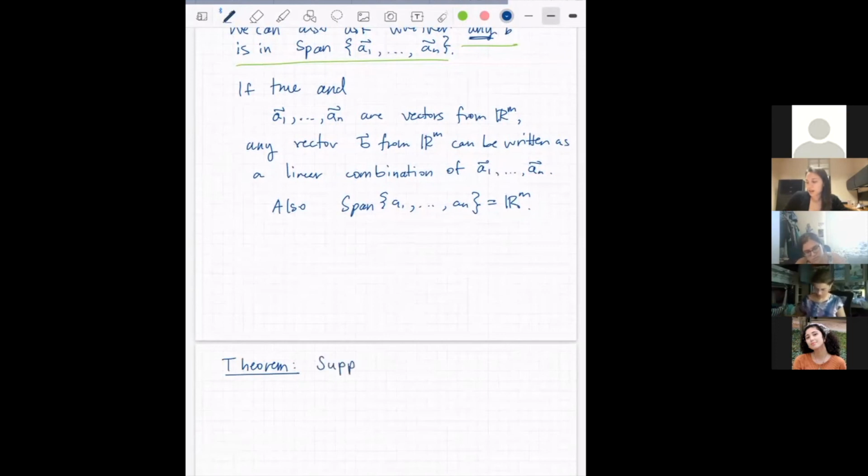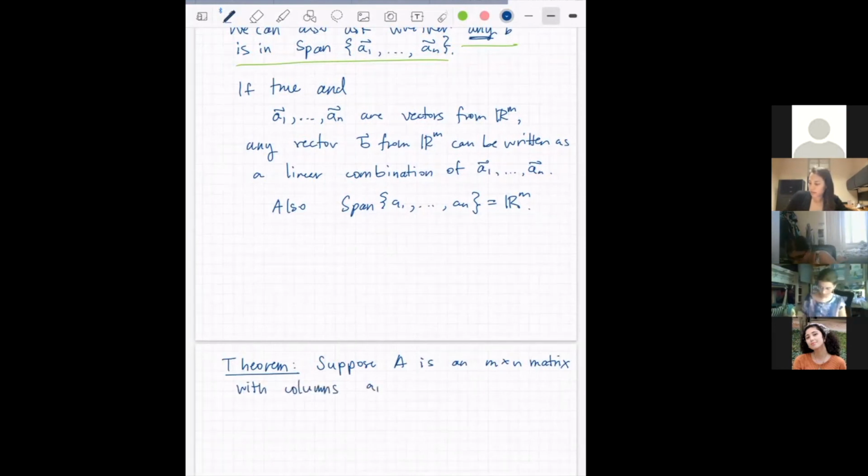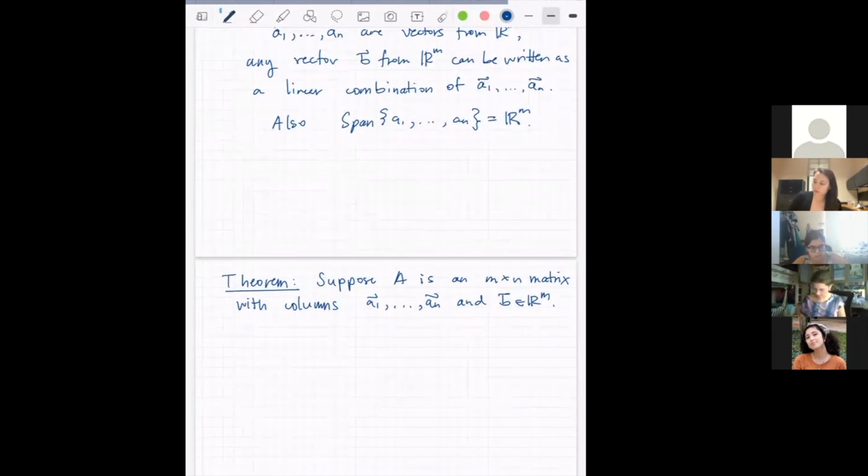This says that if we have a matrix A, which is an m by n matrix, with columns A1 up to AN, and a vector B in Rm, we have some more equivalent statements. So the following are equivalent.